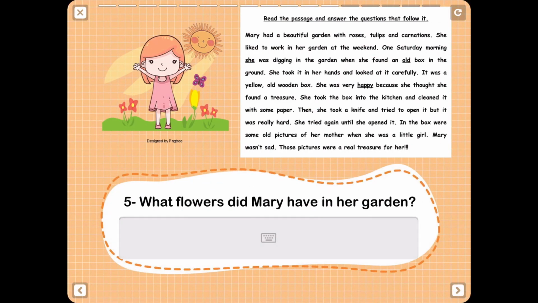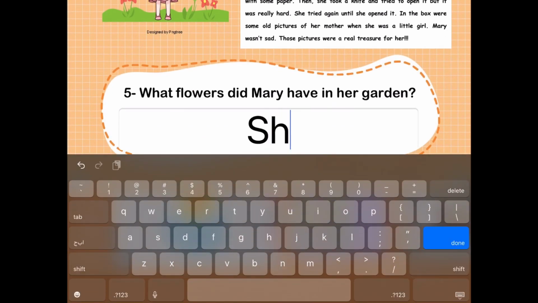Number 5, what flowers did Mary have in her garden? Read the passage and find out the kind of flowers that Mary had in her garden. She had tulips and carnations. Very good.